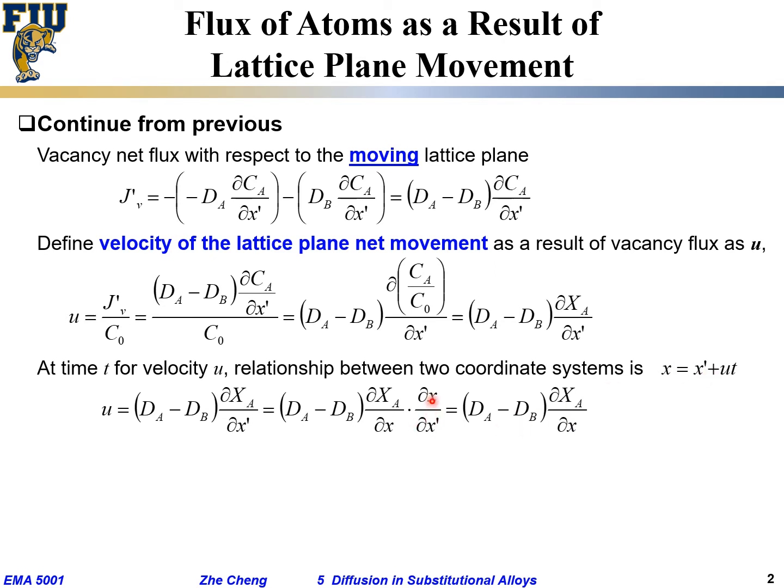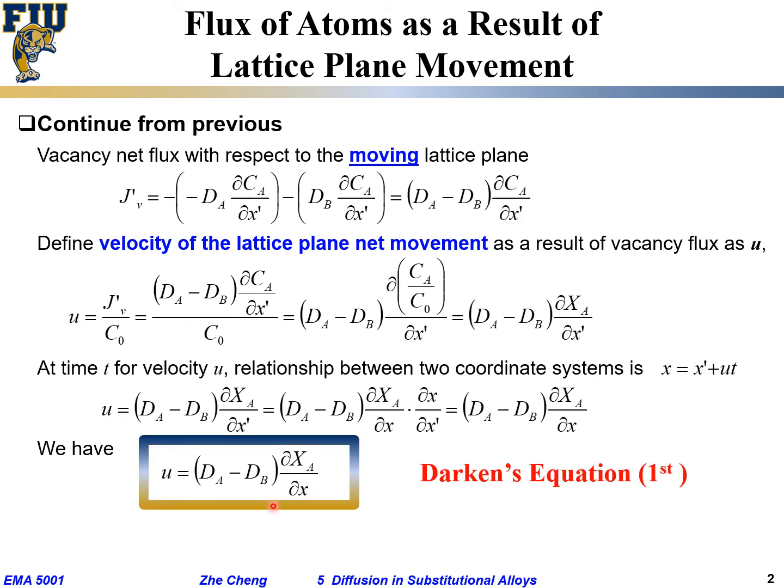The partial differential of x with respect to x prime is just 1. As a result, that's our moving velocity. We would have u for the velocity of my chosen lattice plane, or my reference point. It's moving at this speed. This is our so-called Darken's equation, the first Darken's equation.